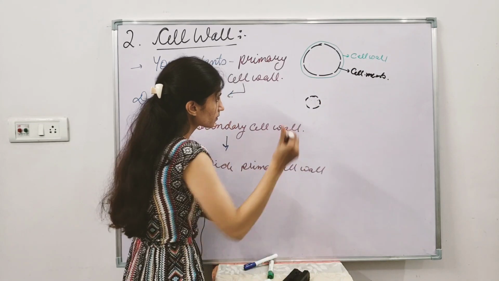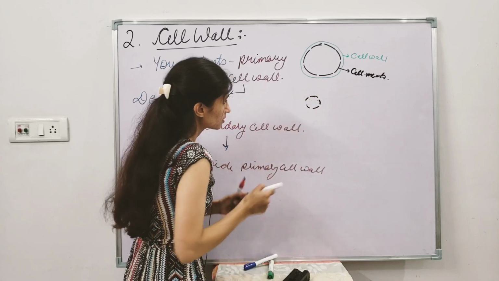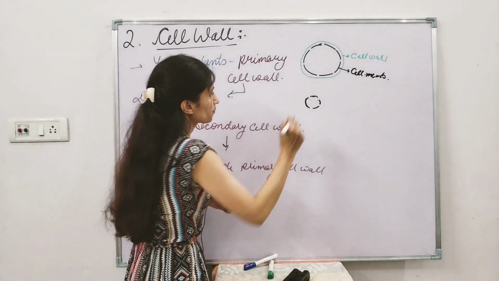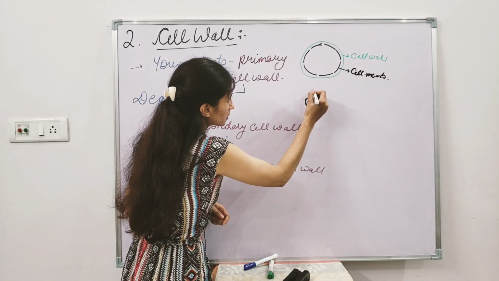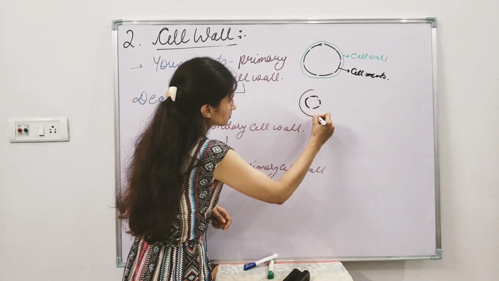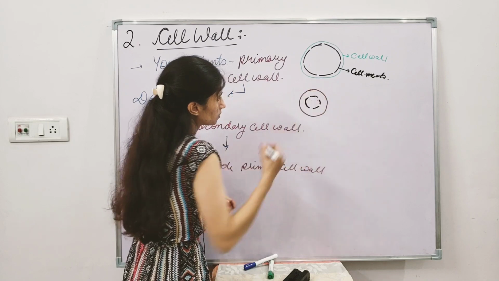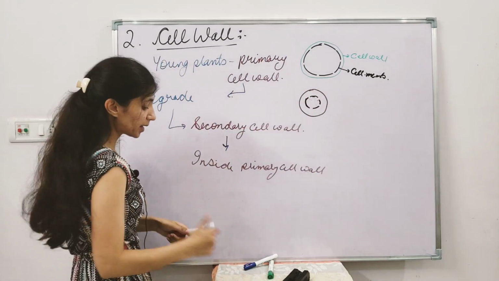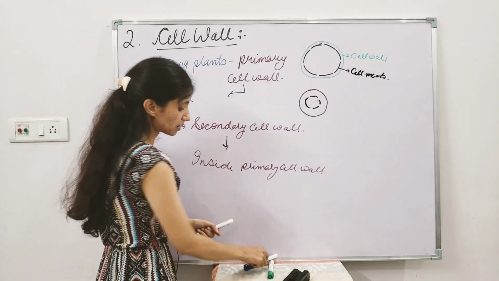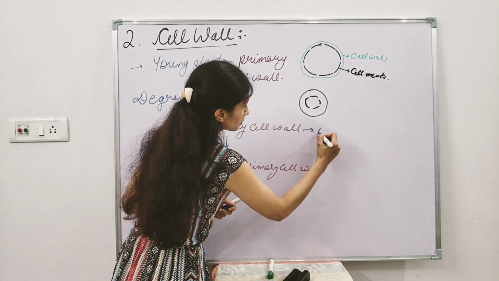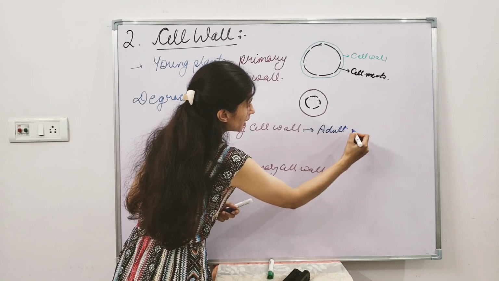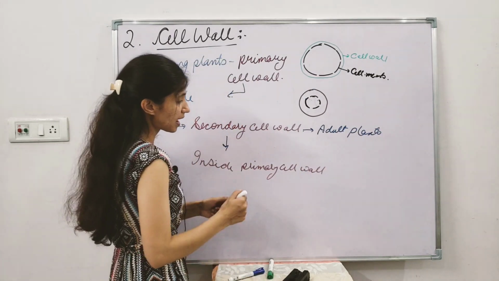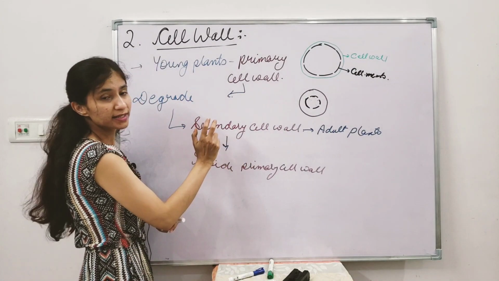Now this is your cell membrane, and this is your primary cell wall with the red color. This primary cell wall you will always find in the young plants. But the adult plants, the grown up plants, will get this secondary cell wall.